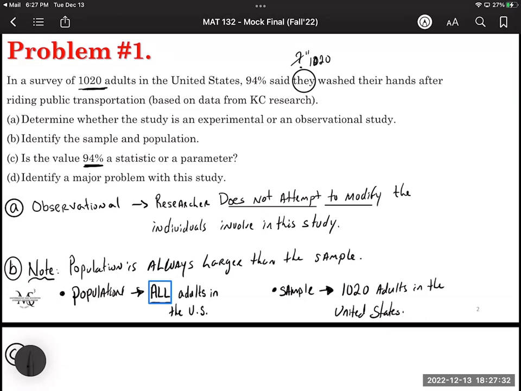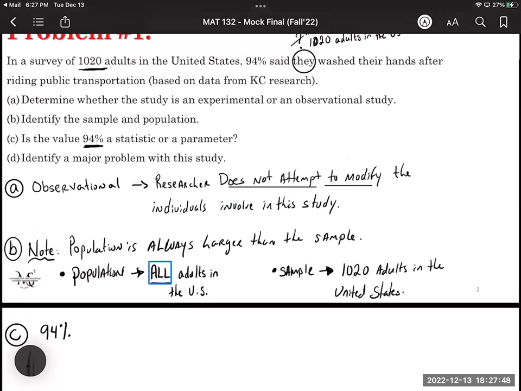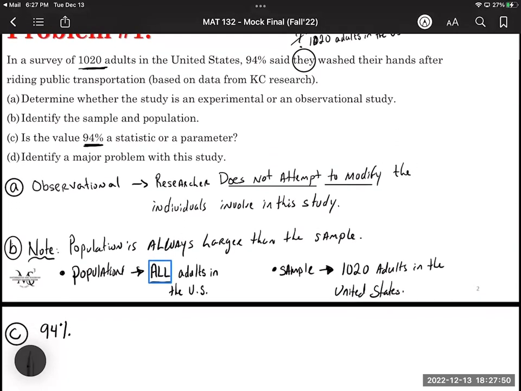The they in this problem refers to the 1,020 adults in the US. It's basically referring to your sample. Our sample is the 1,020 adults in the US. So therefore, in part C, 94% must be a statistic. There you go. So to really answer this question, you have to answer another question.